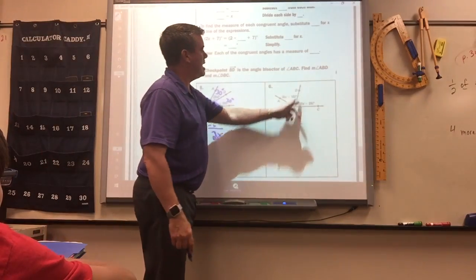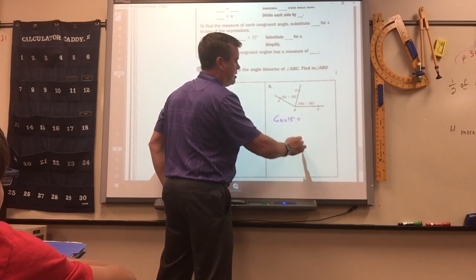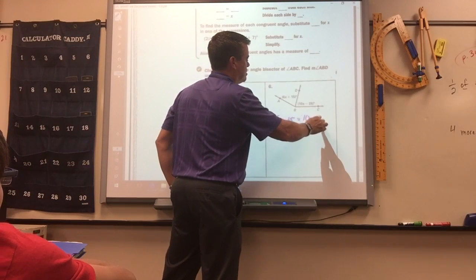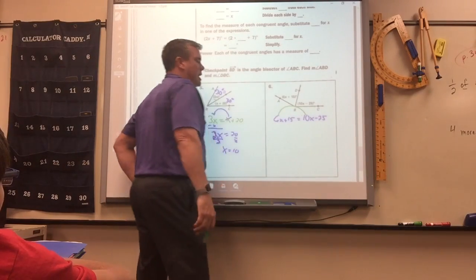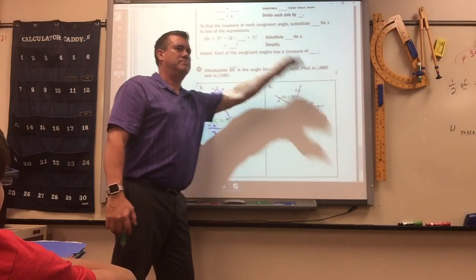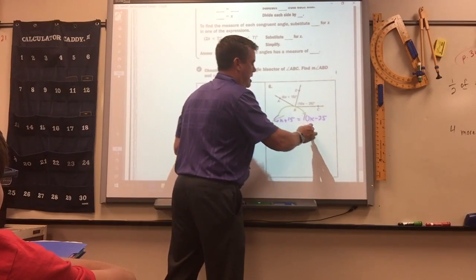Same thing here, this is the bisector, which means 6x plus 15 has to equal 10x minus 25. Combine the x's, they're on opposite sides, so move one of them. If I move this one over here, it changes from plus to minus.